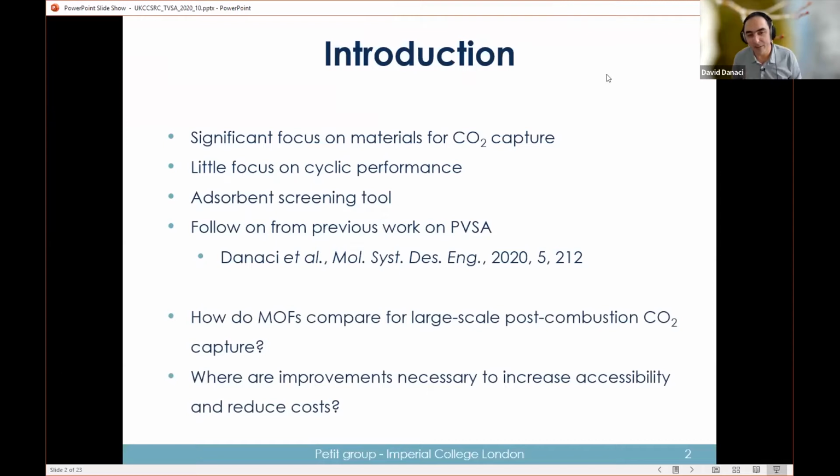A couple of the things we want to address are how MOFs compare for large-scale post-combustion CO2 capture, and what improvements are necessary to increase accessibility and reduce costs, not necessarily for MOFs, but for adsorption in general.